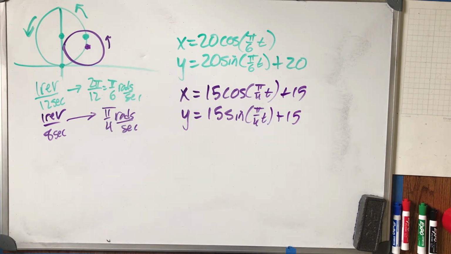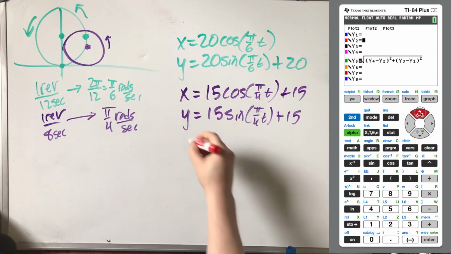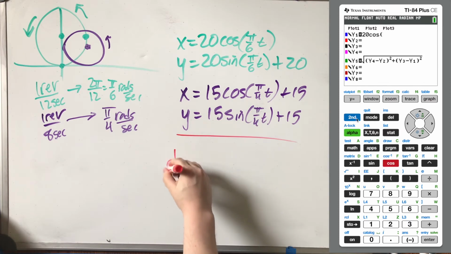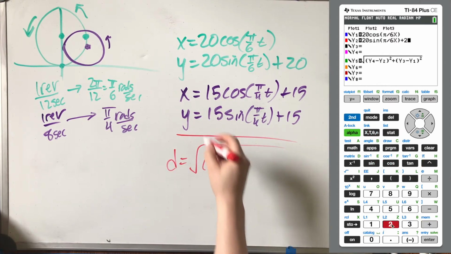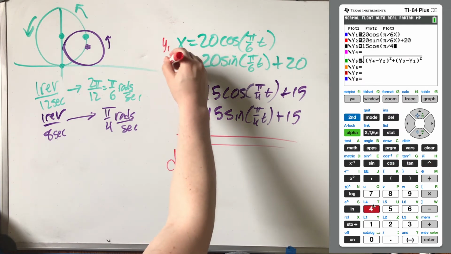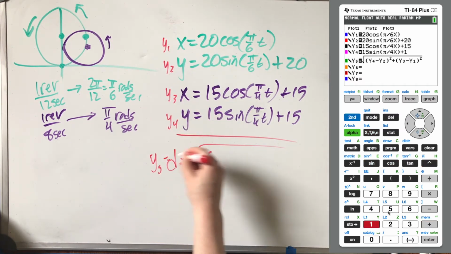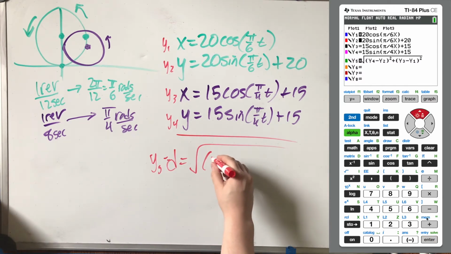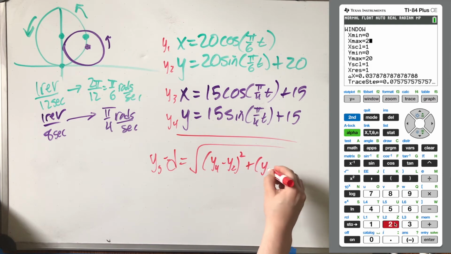So these are the equations, and what I'm going to do now is type them into the fancy calculator in function mode. In our calculator, we, in theory, already have this written out, but I can let this be y1, y2, y3, y4. This is going to be y5, and we should already have this formula typed in there if you didn't clear it for your sake.